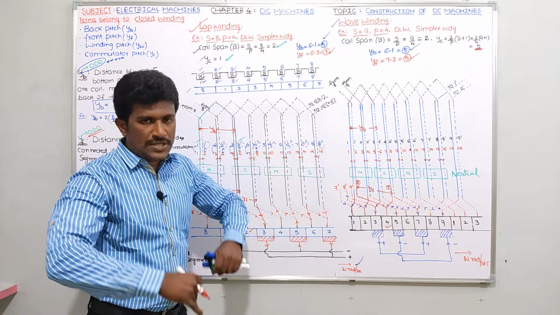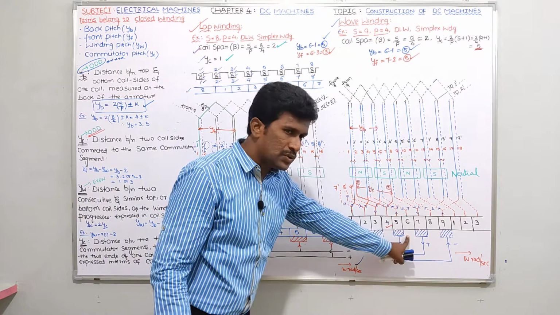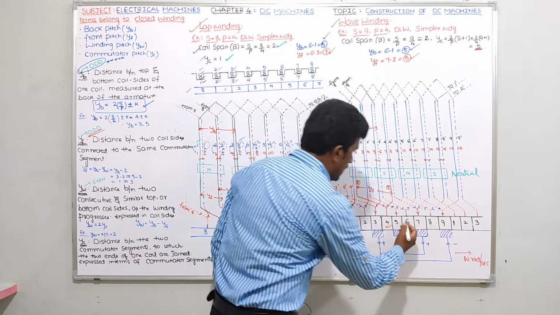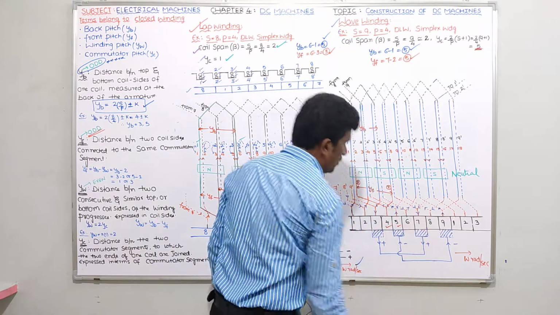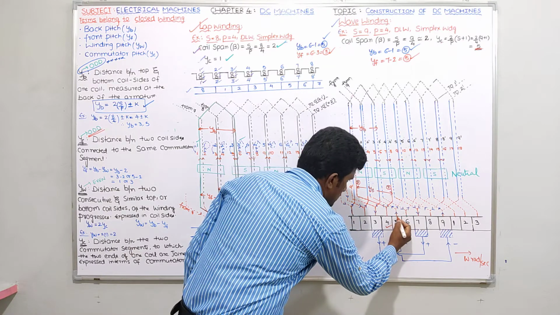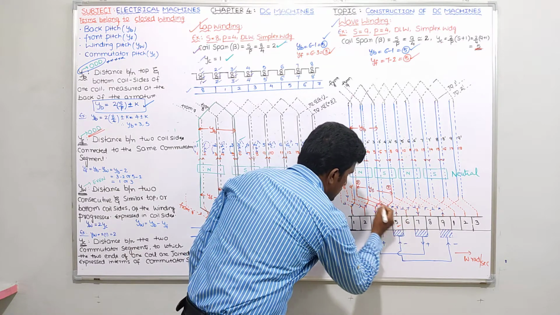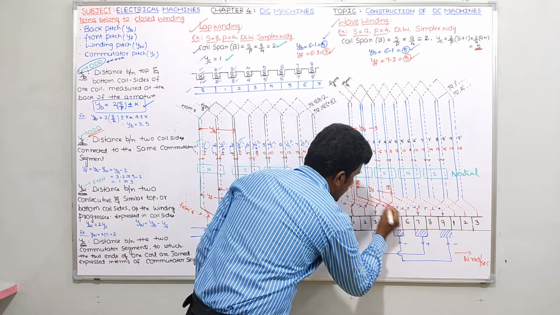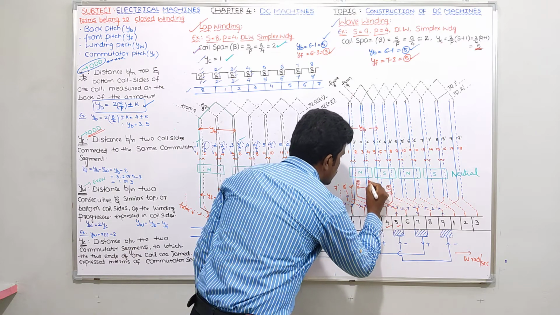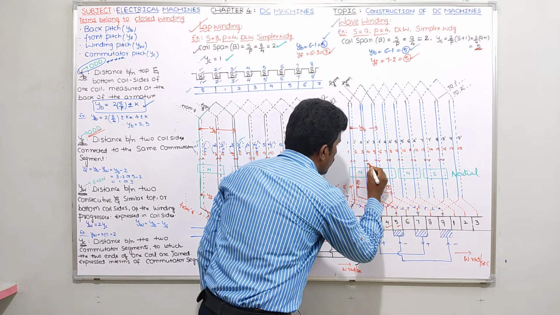If you want me to explain front pitch once again by taking another segment, yes, we can. Take the fifth commutator segment. To this fifth commutator segment, this is one coil side, and its name is 4.